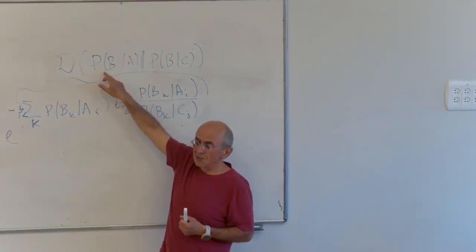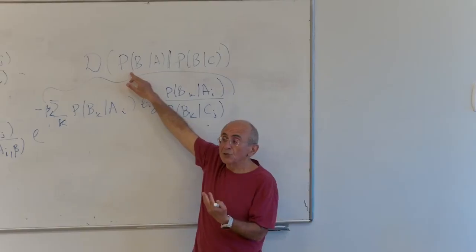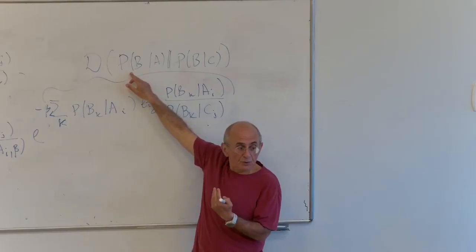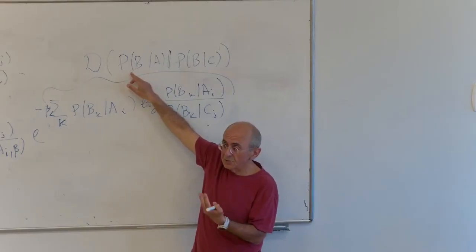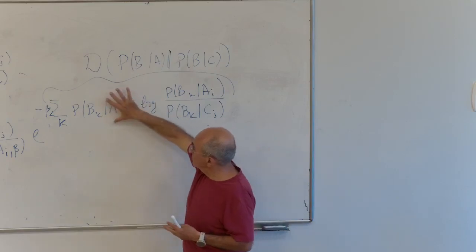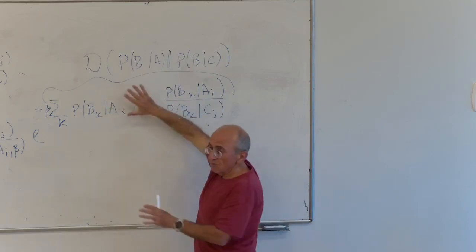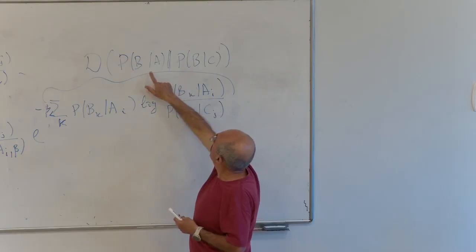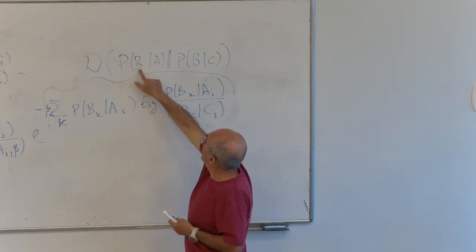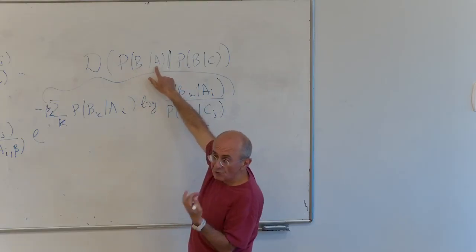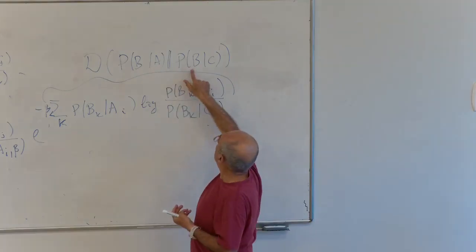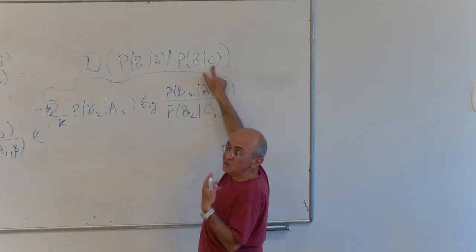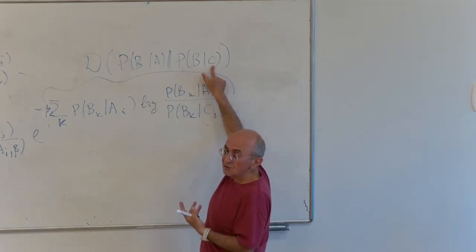And here is a relative entropy, which is again non-negative. It's really important: whatever the coefficient is, this quantity is between the probability of B given A, which is the quality of your camera, and the probability of B given C, which is the quality of your encoding.